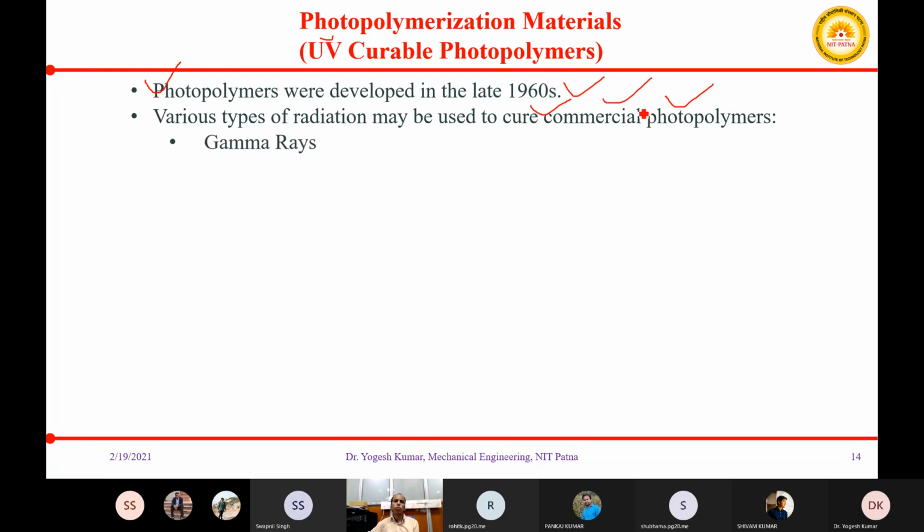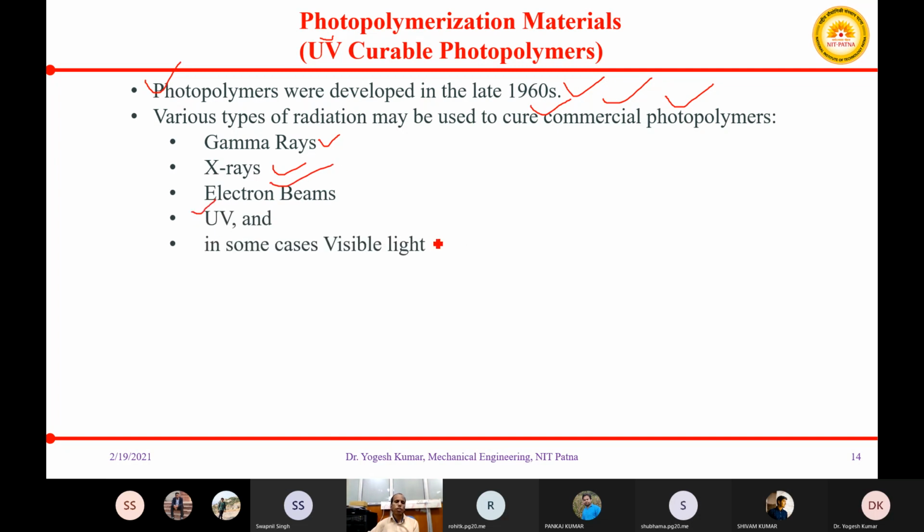The types of radiation used are gamma rays, X-rays, electron beam, ultraviolet radiation, and in some cases visible light is also used to cure your photopolymers.